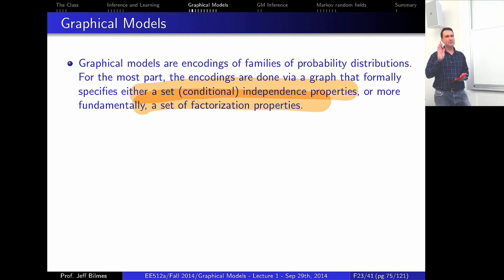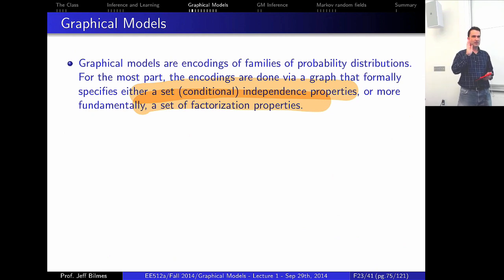If you're familiar with what conditional independence is, that corresponds to a factorization property. Conditional independence is factorization. Is everybody familiar with that? Basically, conditional independence means probability of A comma B given C is equal to probability of A given C times the probability of B given C. That's a factorization statement about a conditional distribution.